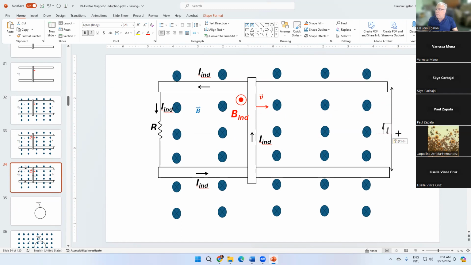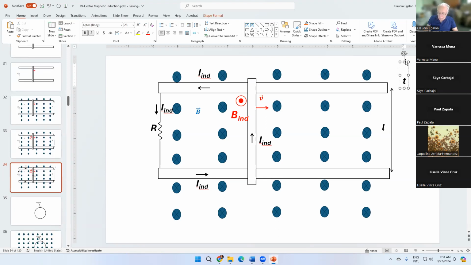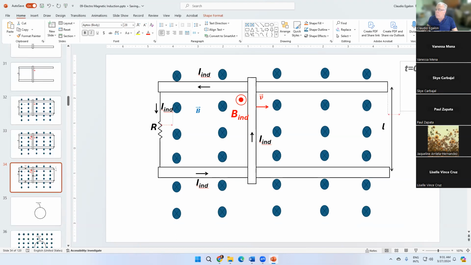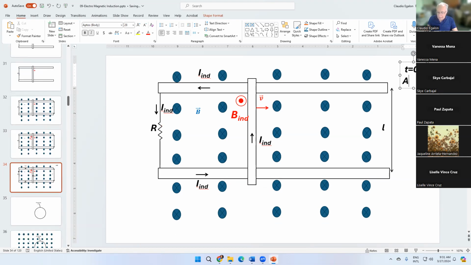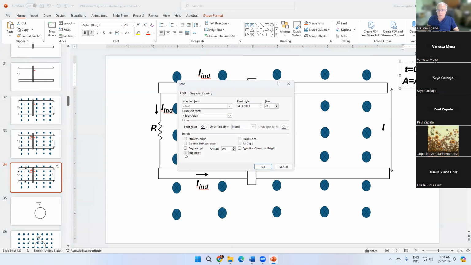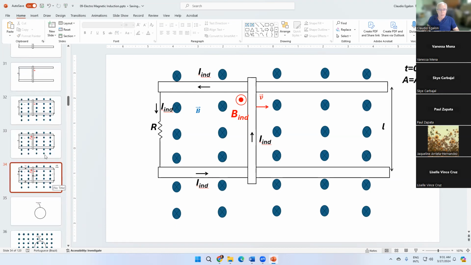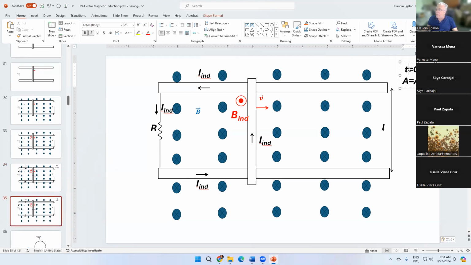Time t equal to 0, A equal to A naught. Area of the circuit is equal to A naught, subscript. And then a little bit later on, t greater than 0, A greater than A naught.